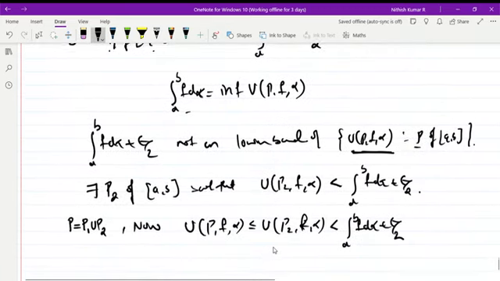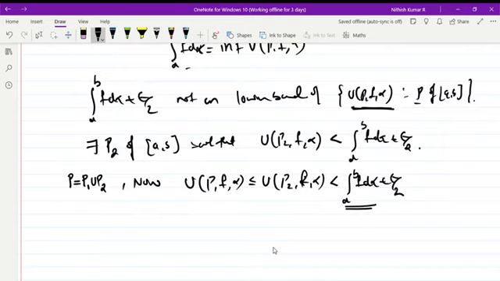So this quantity is less than L(P1, f, alpha) plus epsilon by 2, and again plus epsilon by 2 makes it plus epsilon.